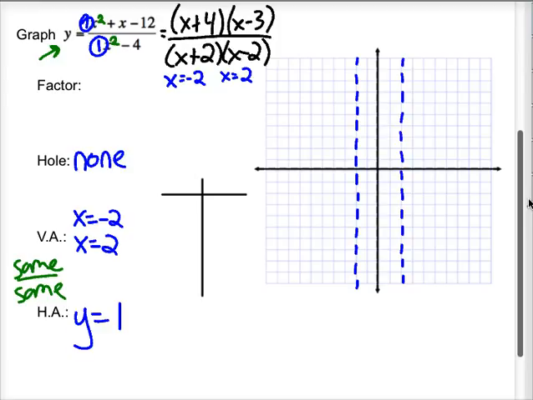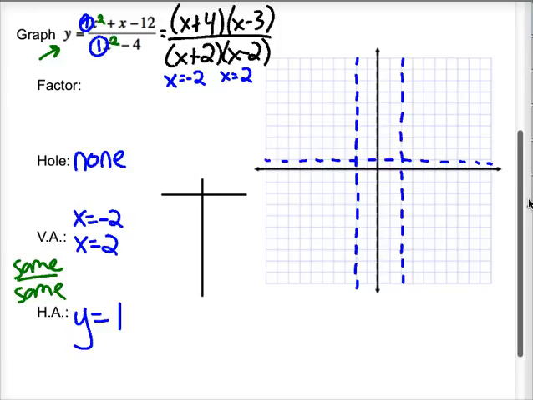So I'm going to put that on here too. A horizontal line at 1. So before I have to worry about points or anything, I should have all of that taken care of. Holes, vertical asymptote, horizontal asymptote, okay? All of that should be taken care of.